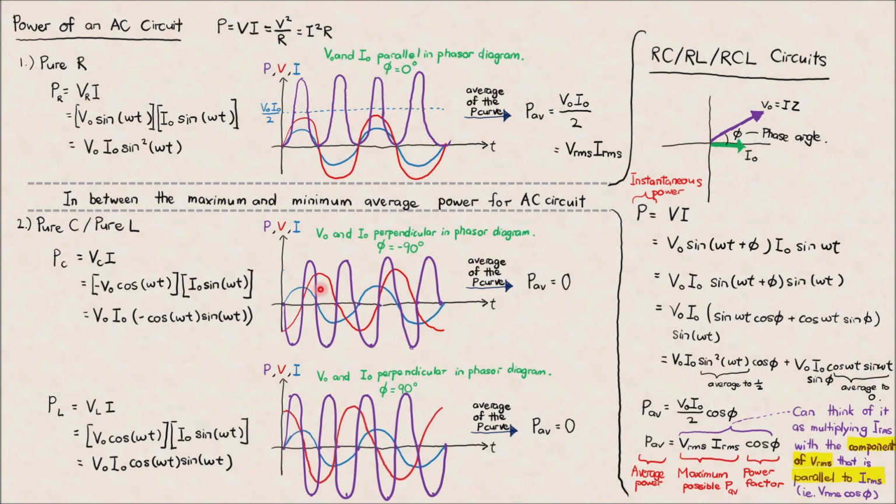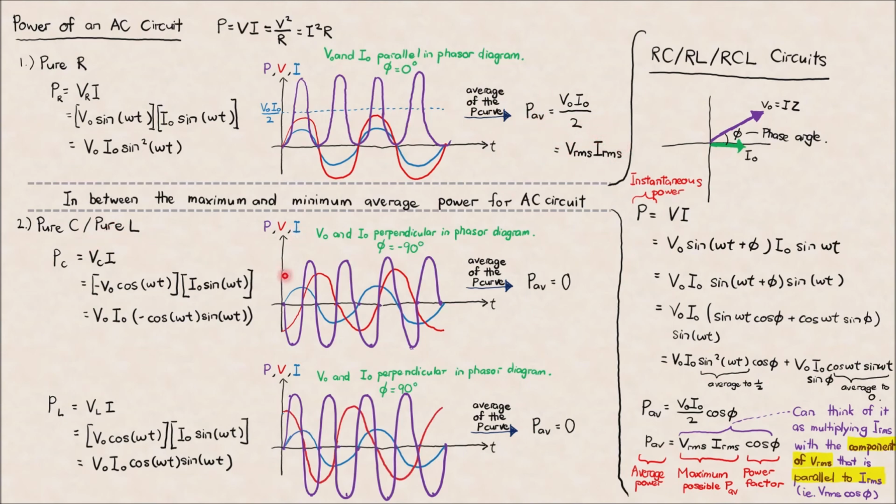Okay, the idea is still the same as pure C circuit, so I won't go too much in detail. So again, if you look at this power curve, you know that you average at 0. So the average power for pure L circuit is actually also equal to 0. Okay, so to make a conclusion here, if we see that the V and I are exactly in phase, no phase angle in between them, we'll see that the average power generated will be VRMS times IRMS.